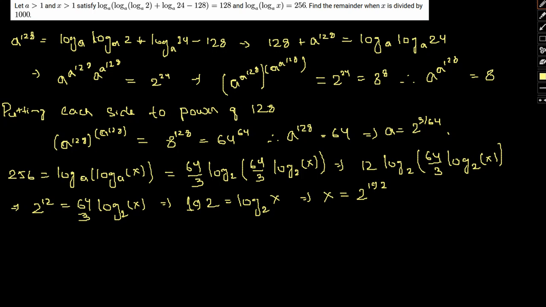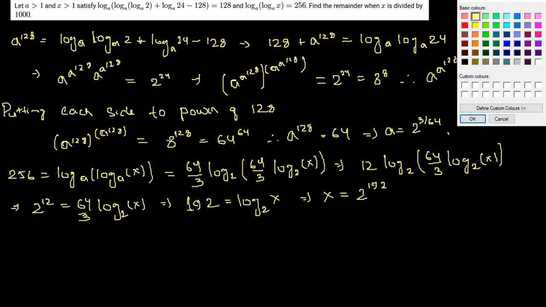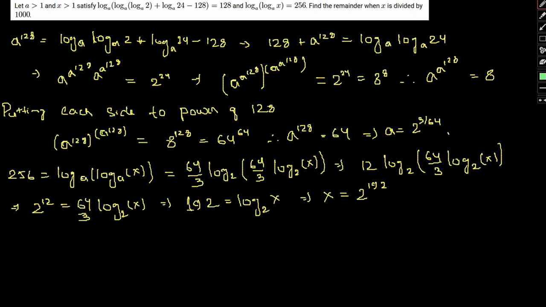If I rewrite it, what we have is 2 to the power 192, and we need to find it mod 1000.